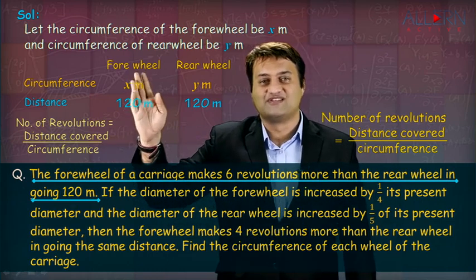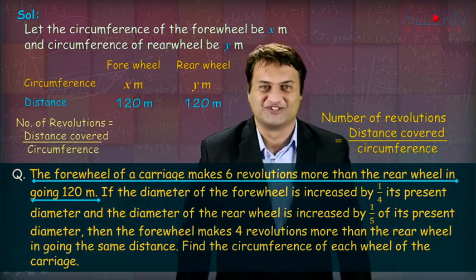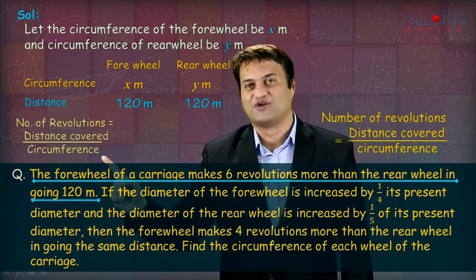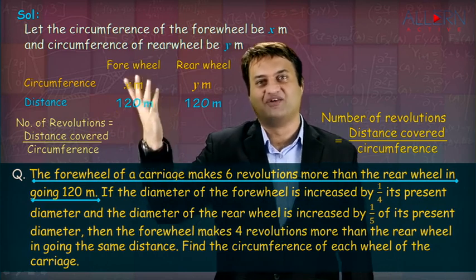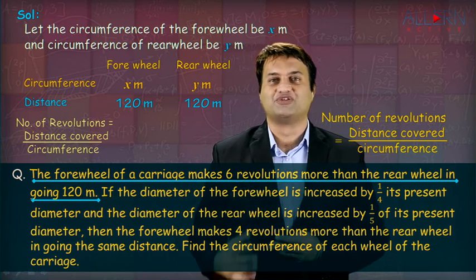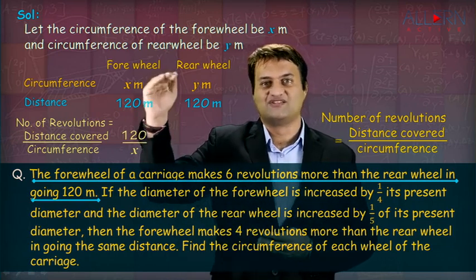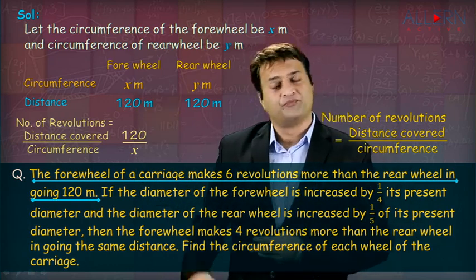So circumference is done, distance is done, what remains is number of revolutions, and we all know number of revolutions is equal to distance upon circumference. We know the distance, we know the circumference, let's divide and find the number of revolutions. So what is the number of revolutions covered by forewheel? It is 120 upon x, distance upon circumference. What is the number of revolutions covered by rear wheel?